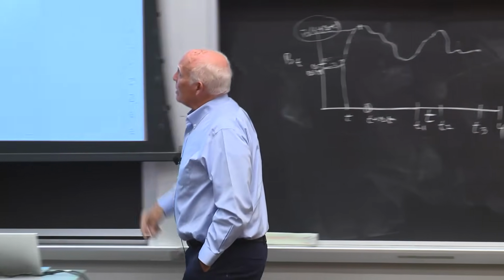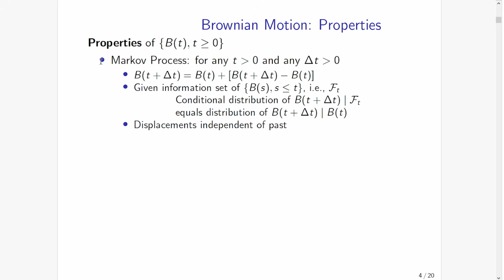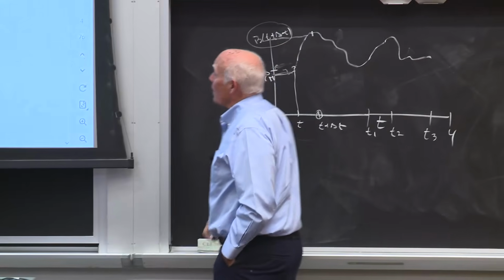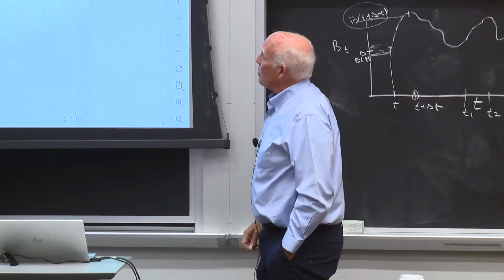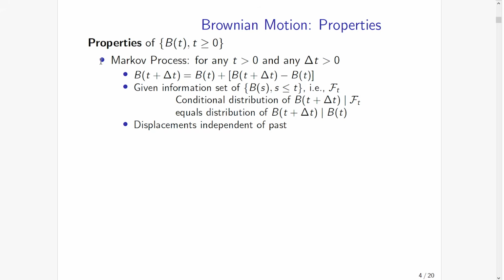And so given the information set up to time little t, the conditional distribution simply is equal to that starting point B(t) plus the random increment. So displacements are independent of the past, apart from the last value of the past.